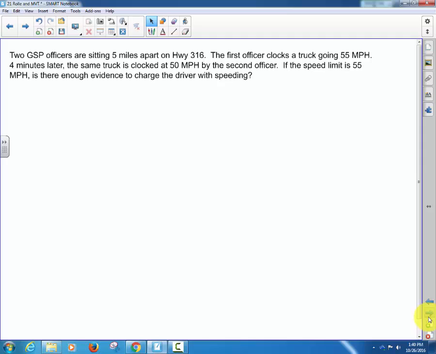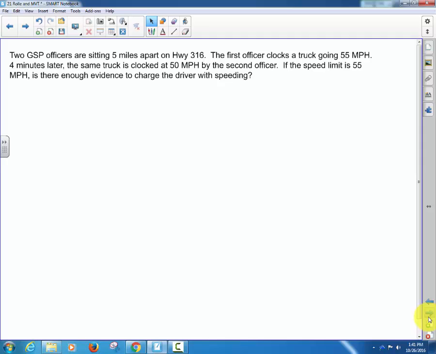And one GSP officer, bing, pegged him at 55 miles an hour. Another GSP officer, 5 miles down the road, 4 minutes later, bing, 50 miles an hour. And he gave him a ticket. Is there enough evidence to convict him? He drove down the road.